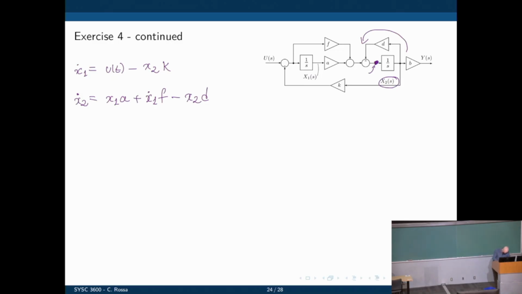Well, we can replace the first equation in the second equation, and then rewrite it as x2 dot equals x1 a plus (u minus k x2) times f minus x2 d.